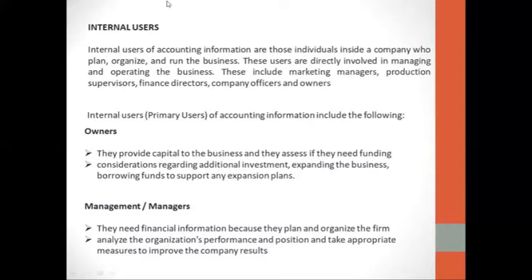So for internal users, we are using management accounting information for decision making. So that's going to be the accounting information that the managers and owners need for the decisions they will be making on their business. So again, for internal users, we have the owners and the managers.